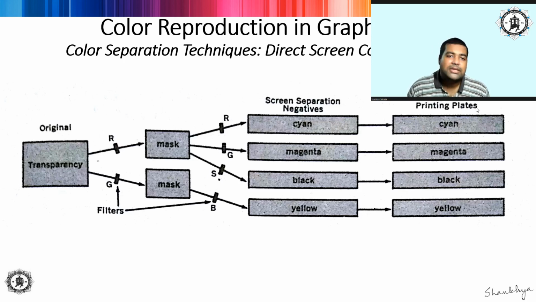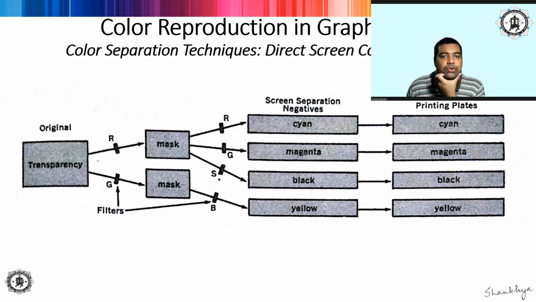Now today, as you can see in front of you, we are mainly talking about a schematic of what processes need to be followed for the preparation of film negatives and positives depending upon the requirement.